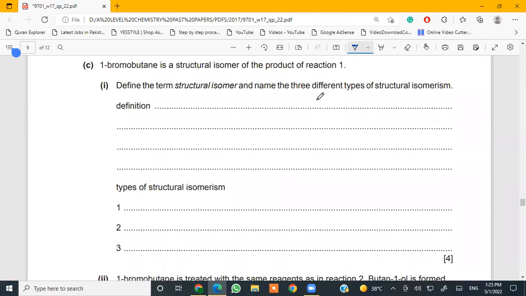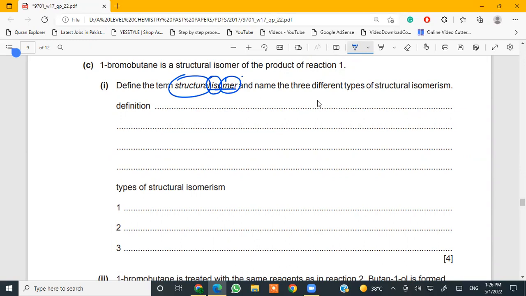It says 1-bromobutane is a structural isomer of the product of reaction 1. Define the term structural isomer and name the different types of structural isomerism. So what is a structural isomer? I'm going to write down this definition. Iso means same, right? And mer refers to the molecular formula, but structural isomers are those which have the same molecular formula but different structural formulas.